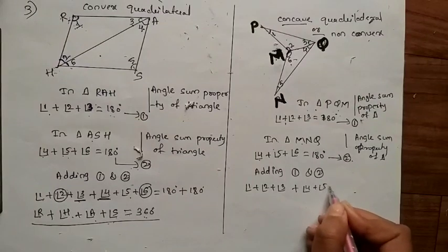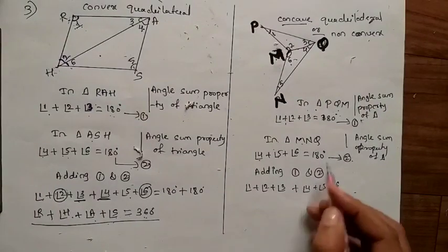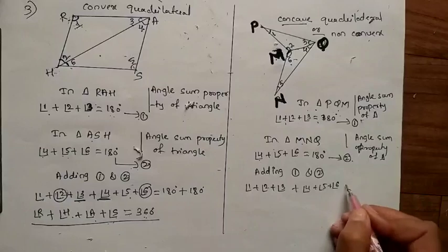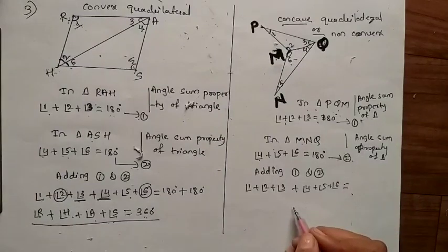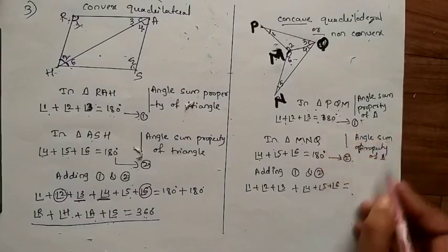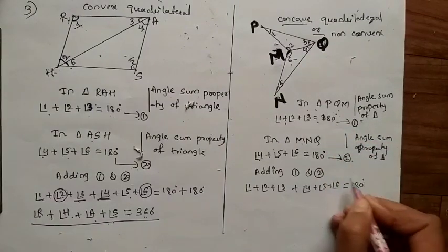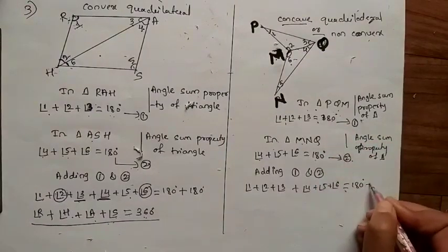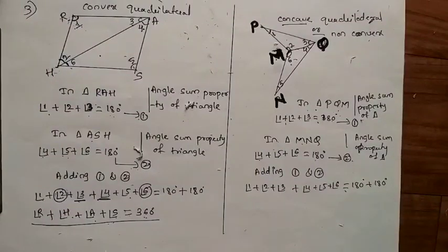Keep the equals sign. Next we add the RHS, that is 180 degrees, and the right hand side of equation 2 is again 180 degrees.